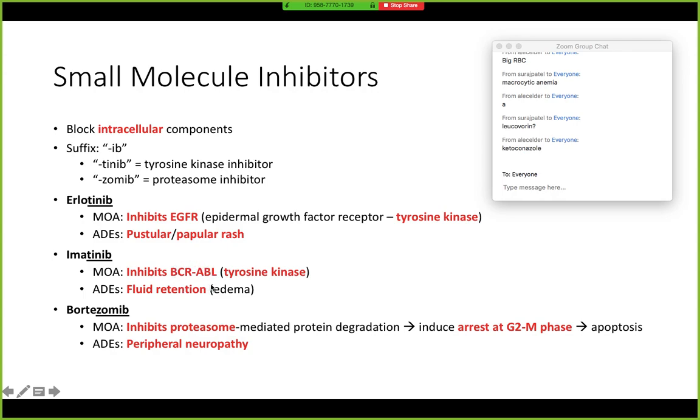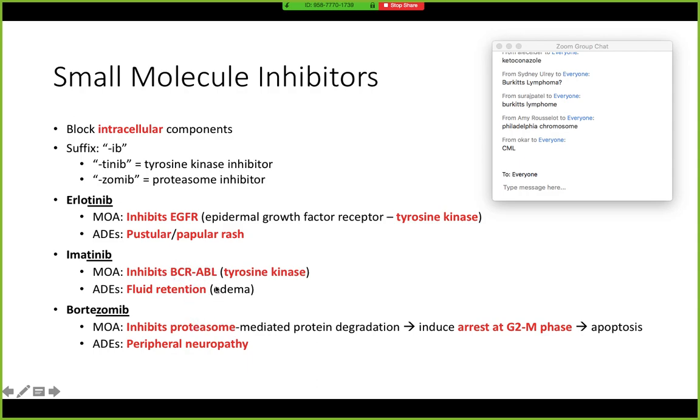So mutation in BCR-ABL, what is the cancer that's associated with that? When you hear BCR-ABL, what type of cancer do you think of? I'm just trying to look up and see. It's a leukemia. Yeah, you got what I was thinking. So CML, yeah.